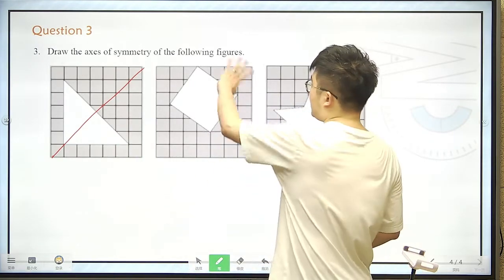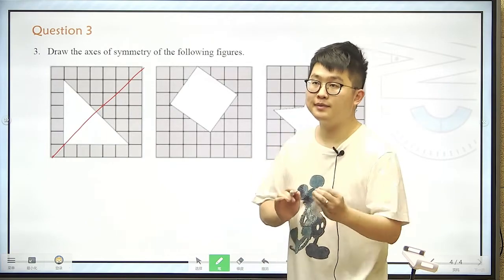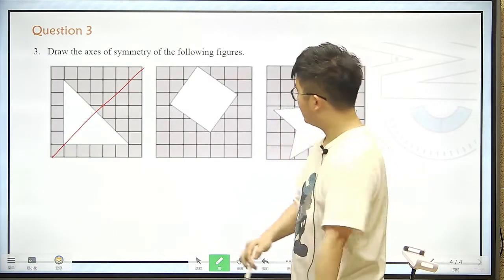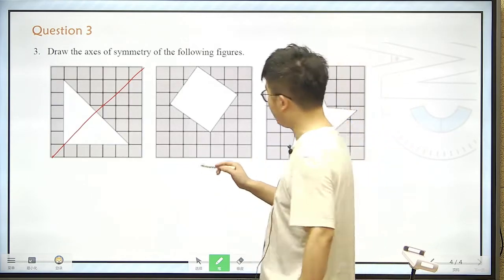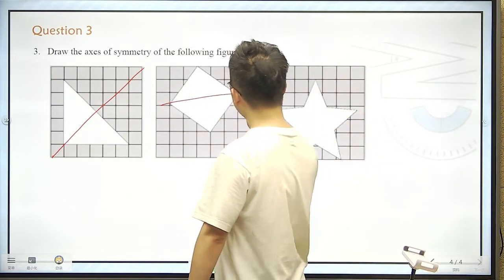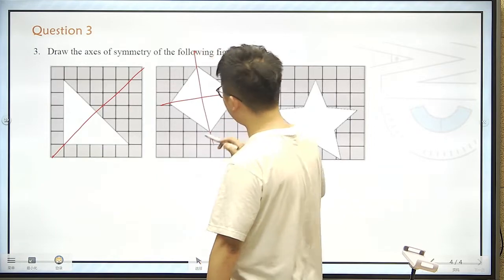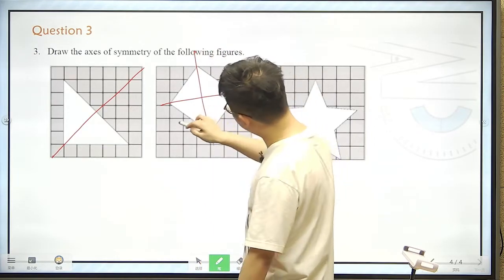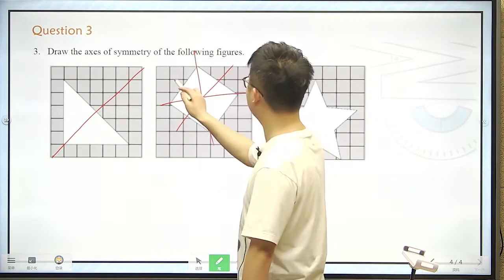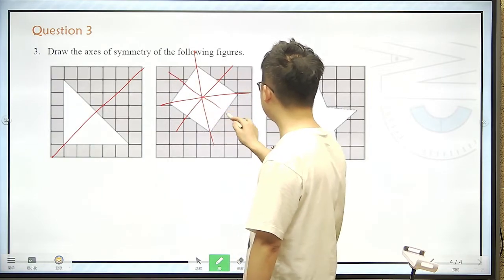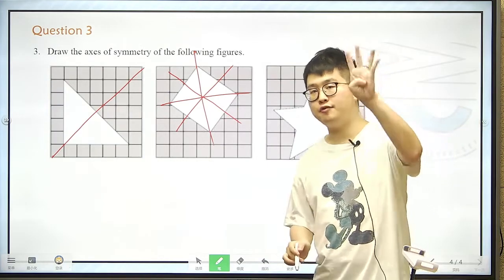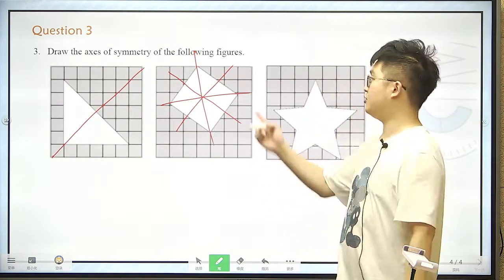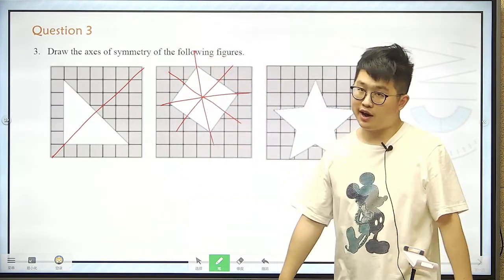And now here we have a square. So there are, in fact, many axes of symmetry here. The first one like this, second one like this, the third one just like this, and the fourth one just like this. So there are in fact 4 axes that satisfy this requirement.